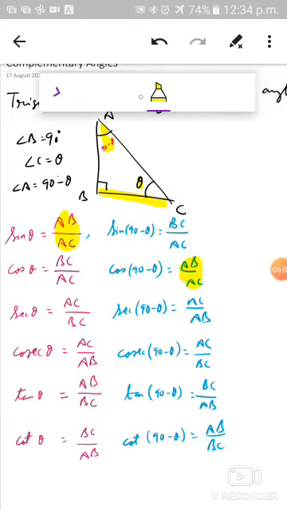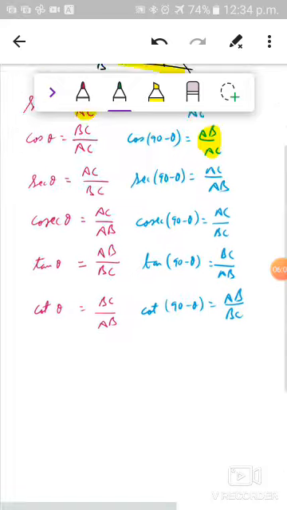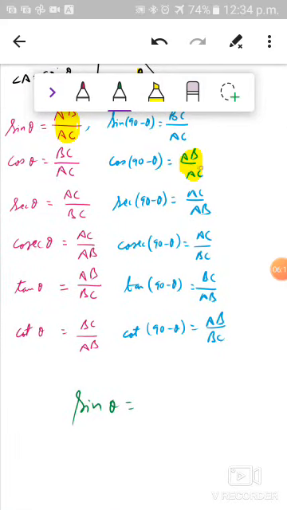So we can write that AB by AC here is the value of sine theta, that is equal to, here AB by AC is the value of cos 90 minus theta. So these are complements of each other. Sine and cos are complementary. So sine theta is equal to cos 90 minus theta.